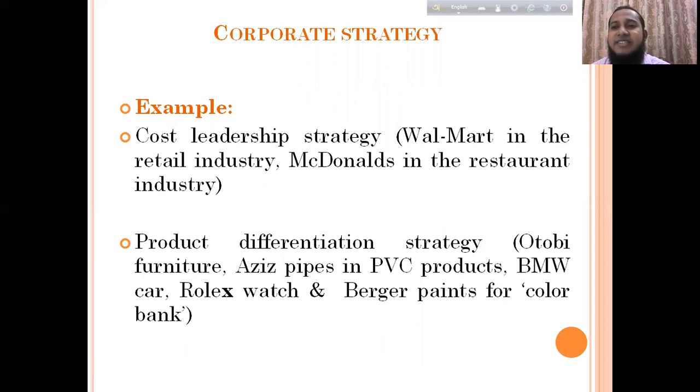And at present, I am telling you the most popular corporate strategies that diversified companies use very frequently in order to achieve competitive advantages. Firstly, cost leadership strategy.